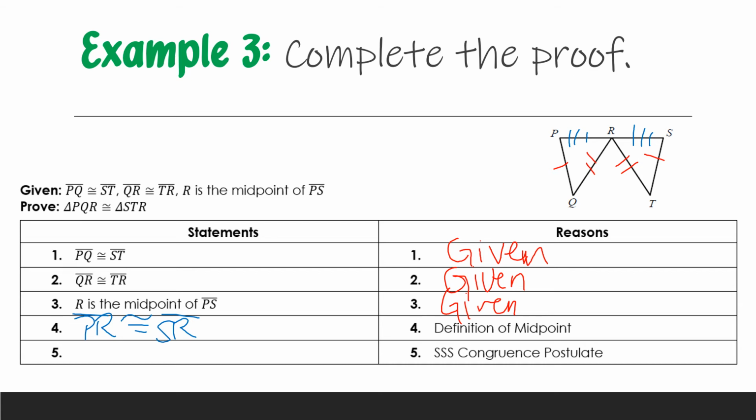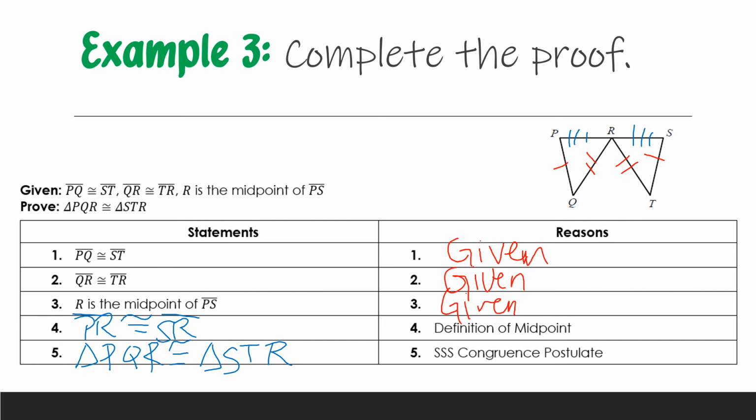So that means we can conclude that triangle PQR is congruent to triangle, we want to make sure we say this correct, PQRSTR. And that would be by the side, side, side congruence postulate.